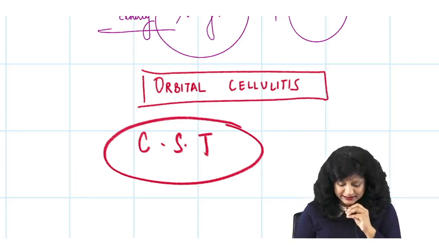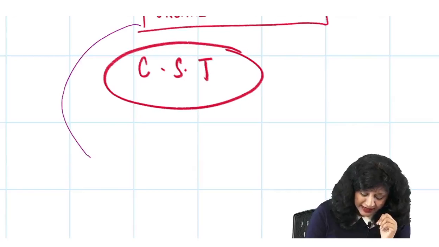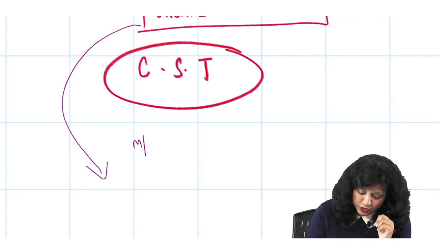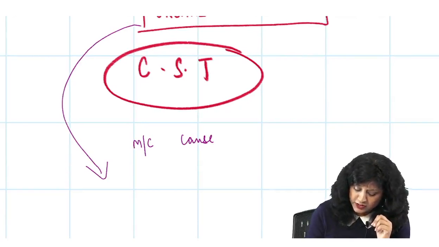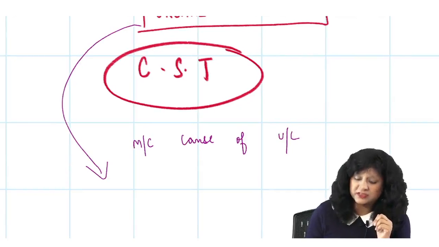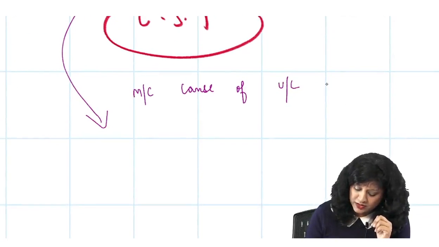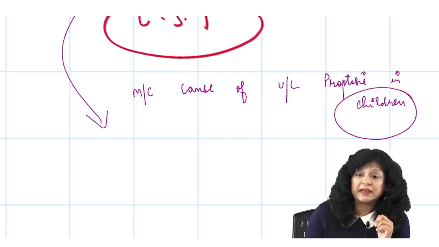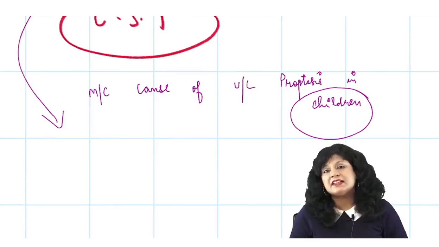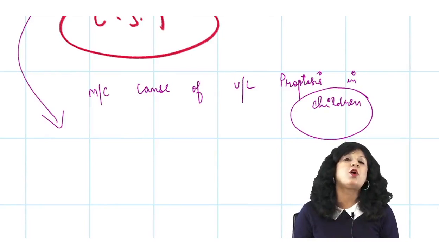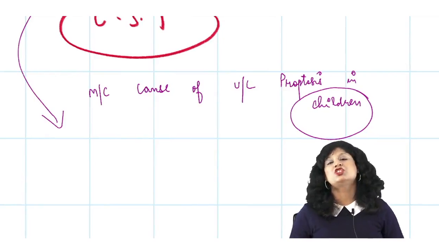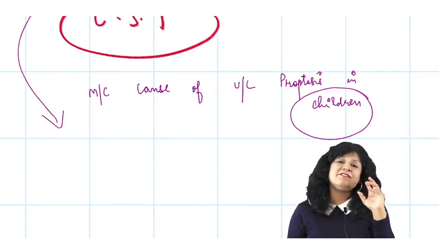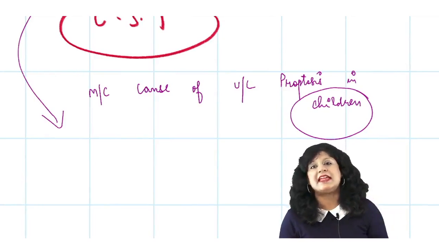So you have to understand, orbital cellulitis is the most common cause of unilateral proptosis, and that too in children. So that means the most common age group where you are going to get orbital cellulitis is not the elderly people, it is the children. So that is the very first thing that is going against it.